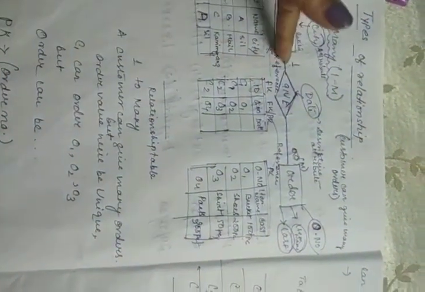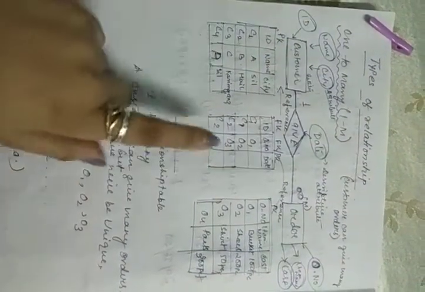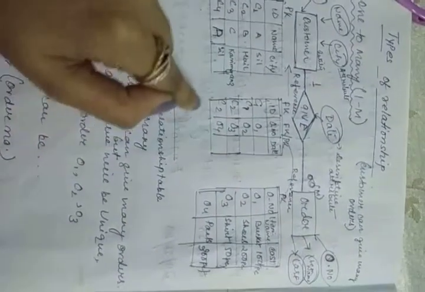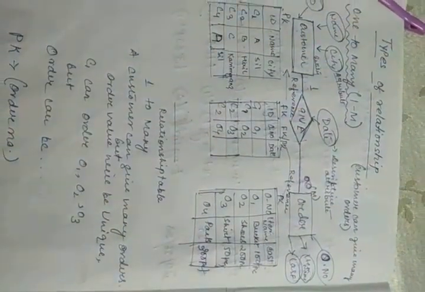Now in case of the relationship table, that is the third table, when we convert the give entity into a relationship table, we will take both the primary keys as foreign keys, because a foreign key takes references from the previous tables. Here the first one, customer ID, is acting as a foreign key because it is the primary key of table 1.